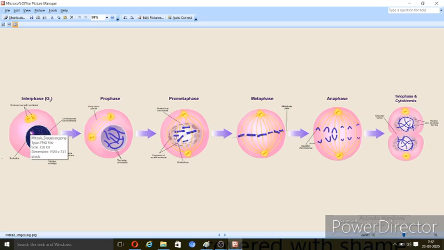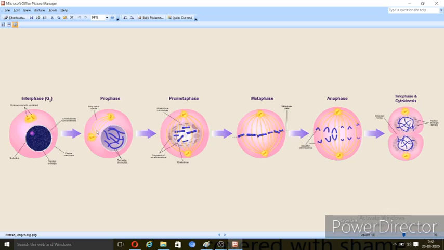First and foremost, the first stage of nucleus division is the prophase. What happens in the prophase? The chromosomes are highly condensed, and the two centrioles start moving towards the opposite poles.